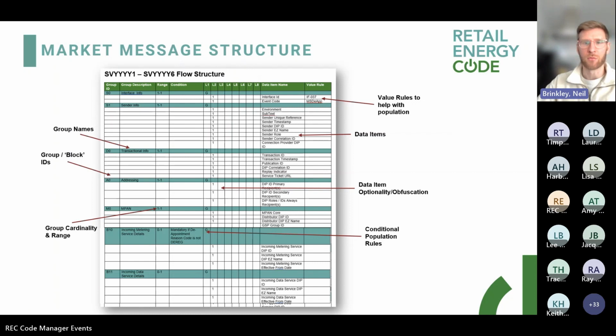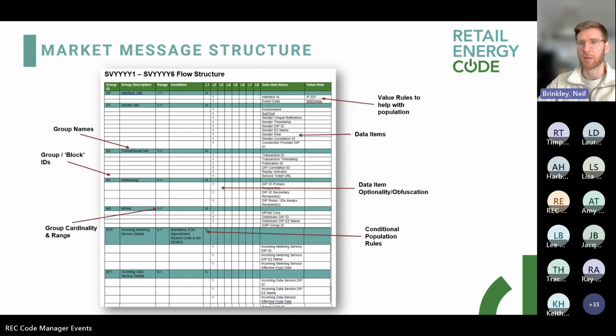And then if we go from the top right clockwise, you can see that we've populated some value rules just to help with the population. We've got the data item names in there. It's still yet to be decided whether we populate the actual data item names or, as DIP messages are sent in a JSON format, if we put the JSON name there.